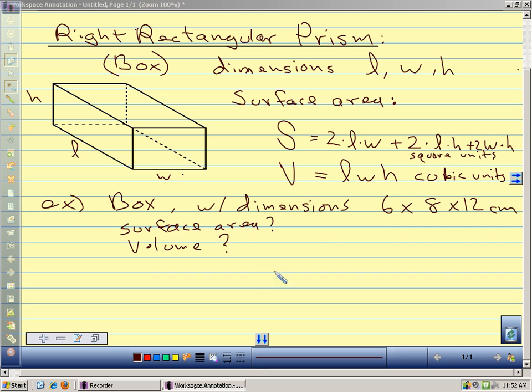So let's plug into our formula, our surface area. It doesn't matter what order I label these: length, width, height. So I'm just going to do it this way just to help me remember. So I'm going to do 2 times 6 times 8 plus 2 times 6 times 12 plus 2 times 8 times 12. So I'm just plugging into my formula.